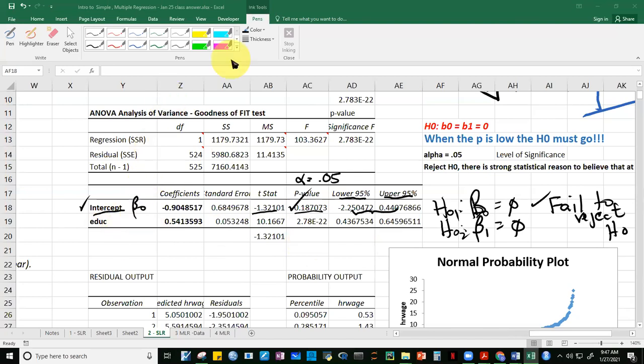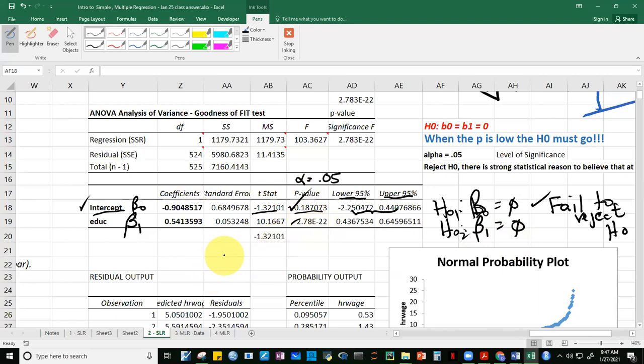Education is our beta 1, di ba? Ito yung beta 1 natin. Ang null hypothesis natin, beta 1 is equal to 0. Looking at your p-value, 2.7 times 10 to the negative 22.